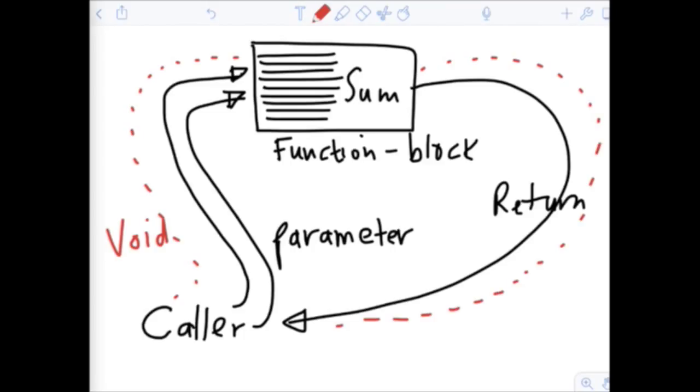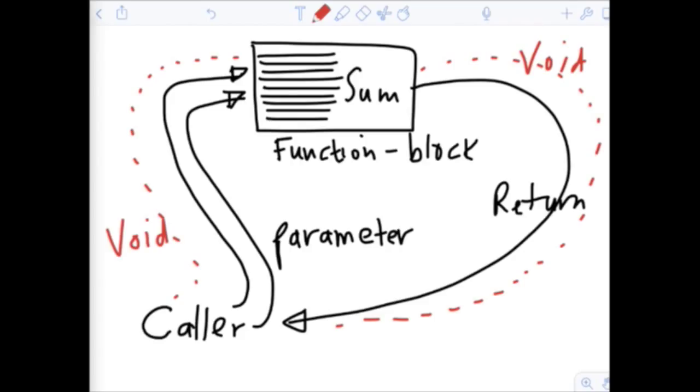You could return nothing, or you could return void back to the caller function. So as a recap, the caller can send parameters to the function, or it doesn't have to send a parameter to the function. It can send nothing or void. And when the function does its processing, it could output and return a value to the caller, or it doesn't have to. So in that case, it will return void or nothing.